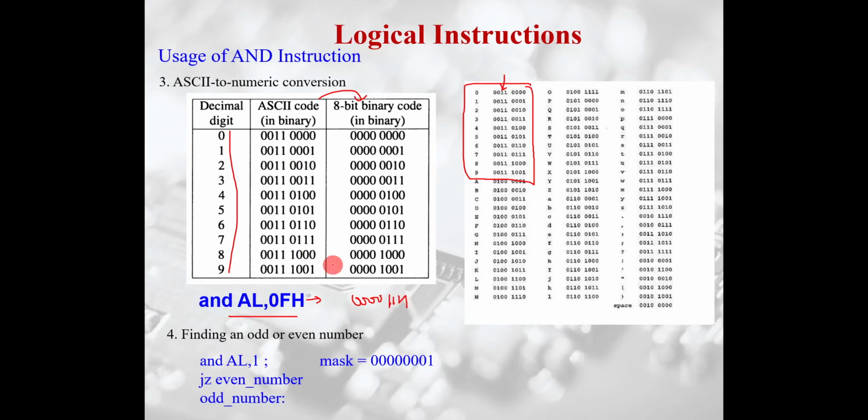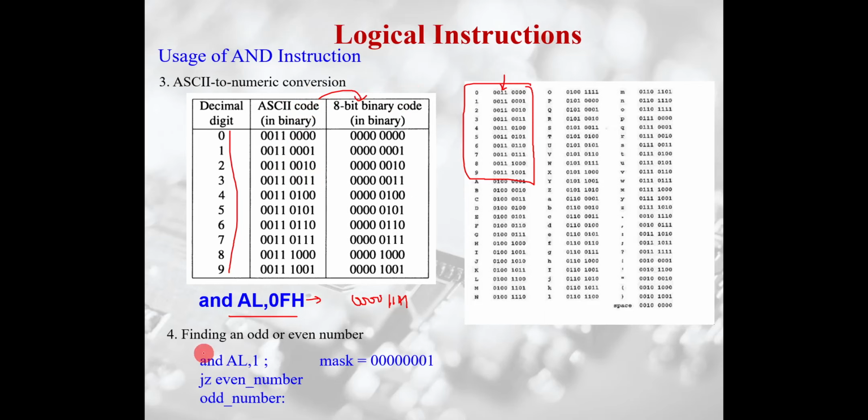So these bits, since it is 1, 1, 1, 1, F, will come as they are, whereas these upper bits, since you are doing AND with 0, get set to 0. This is how you can do a conversion from ASCII code to 8-bit binary code.